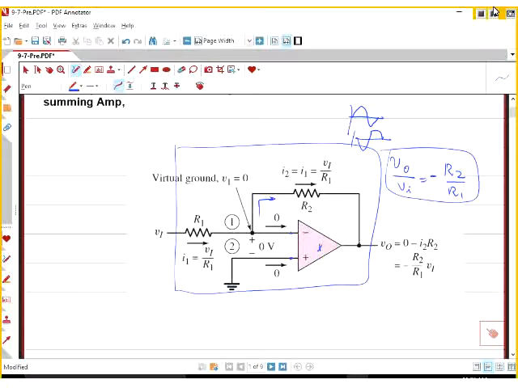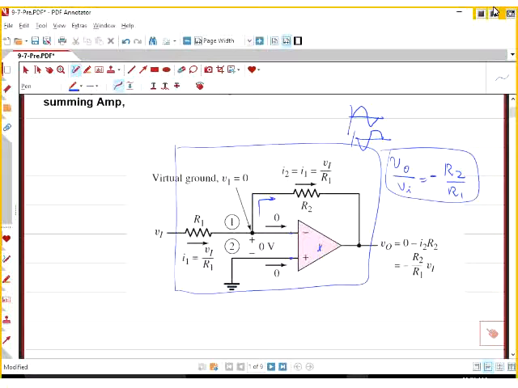Now I have a question for you. What is the input resistance of this amplifier? I have a couple of options for you. One is infinite.